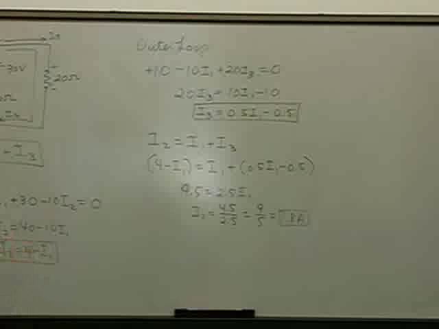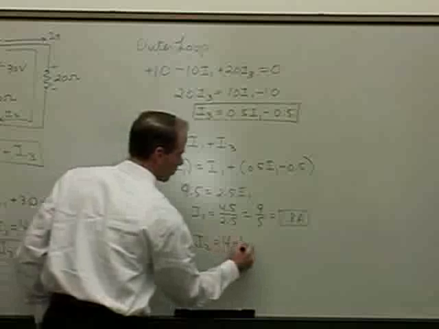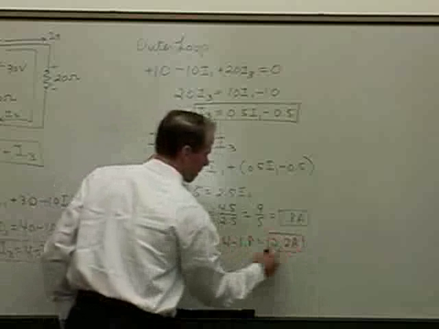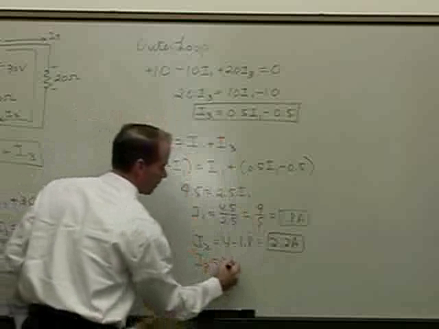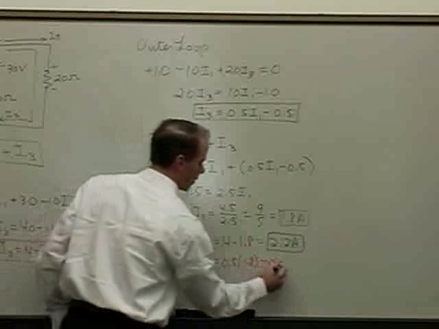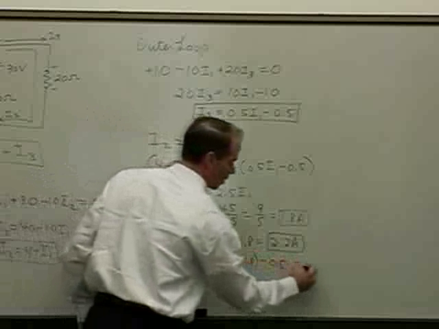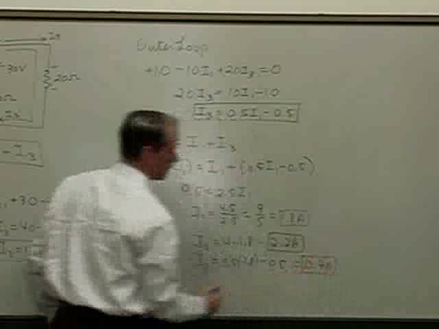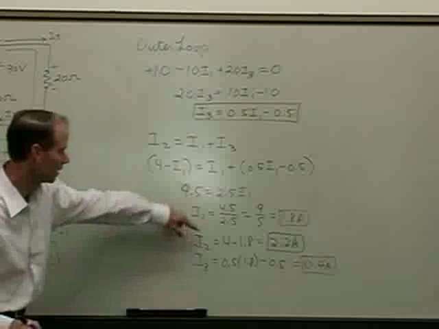I2 is 4 minus I1, so I2 is 4 minus 1.8, or 2.2 amps. And I3 is 0.5 times 1.8 minus 0.5, so that would be 0.9 minus 0.5, or 0.4 amps. And it makes sense. I1 plus I3 equals I2.